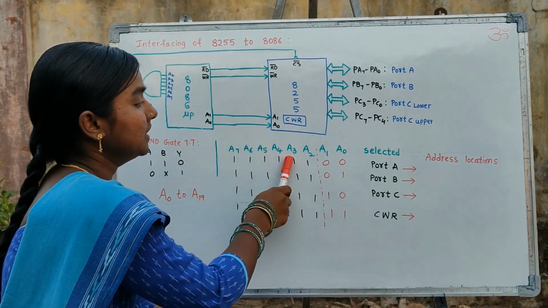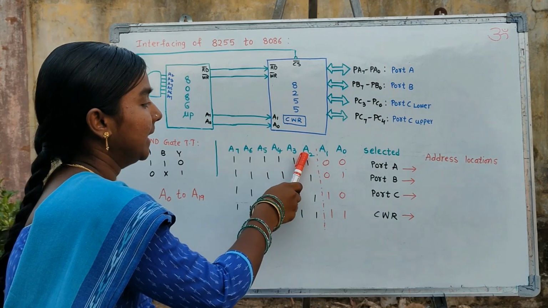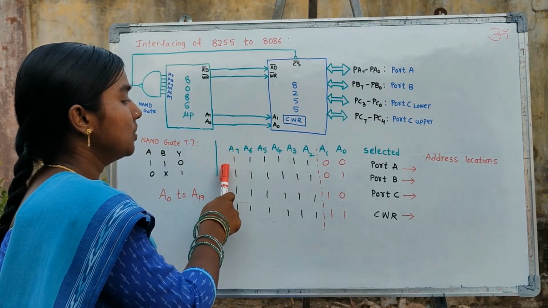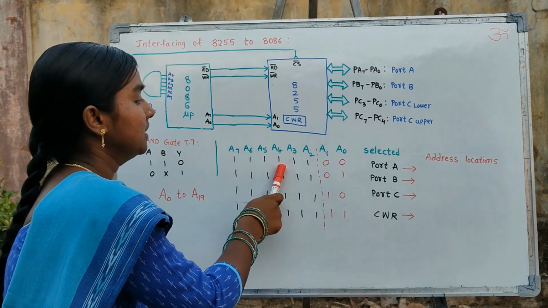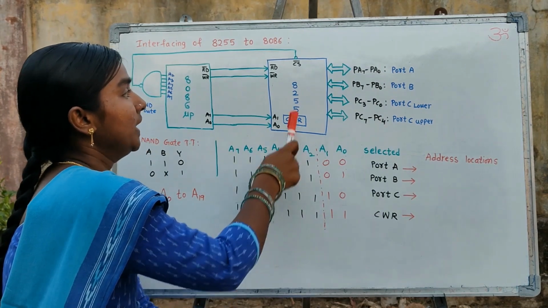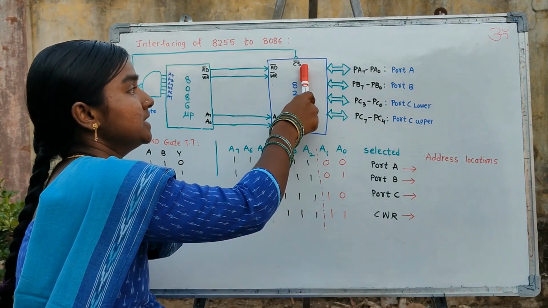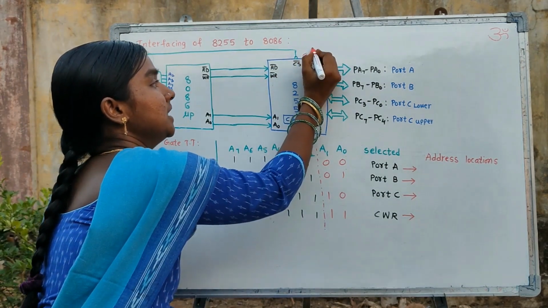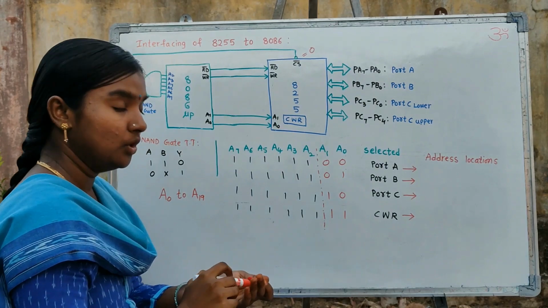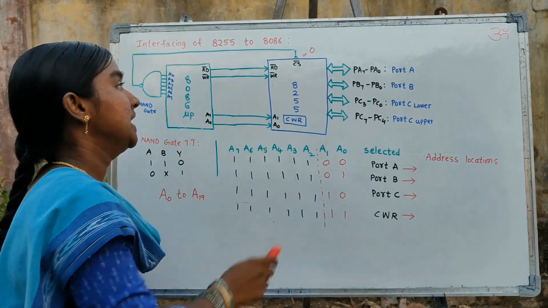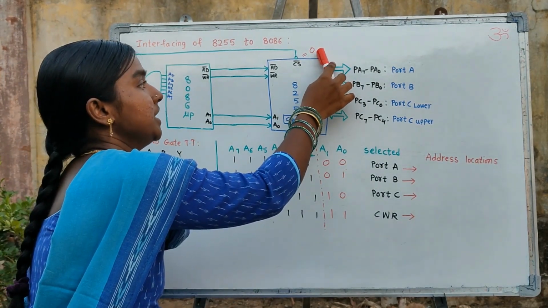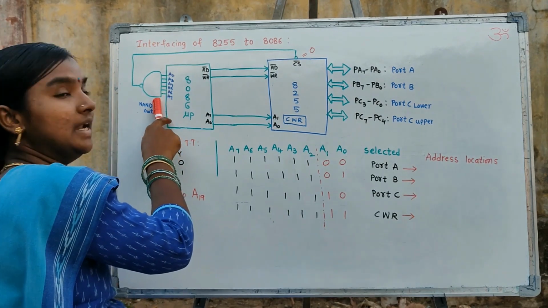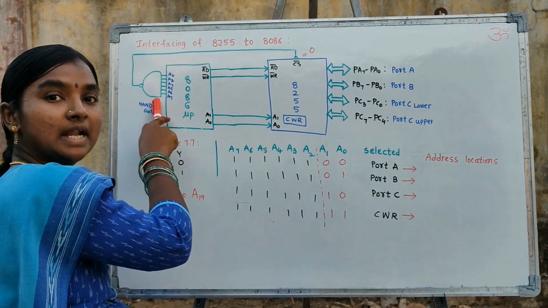By considering the values of address lines A2 to A7 as all ones, we have to generate a chip select signal value of 0, because the chip select signal is an active low signal. To generate the chip select value 0, we have to consider a NAND gate, because of the NAND gate truth table.